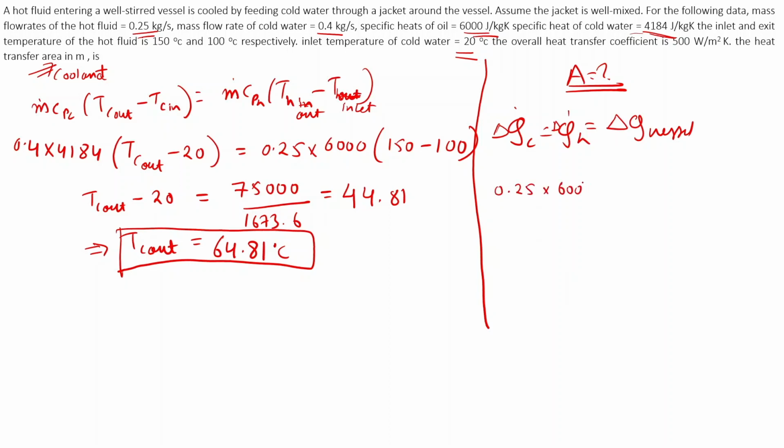0.25 into 6000 into 150 minus 100, which is 50. The heat exchange across the vessel will be UA delta T. Since the vessel was well stirred and well mixed, this delta T will be equal to the temperature of vessel minus the temperature of jacket.